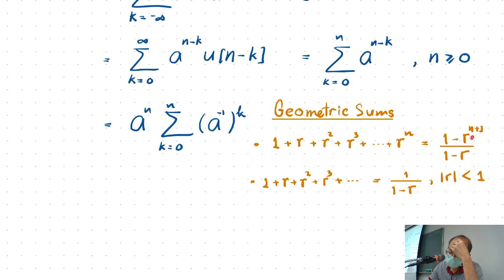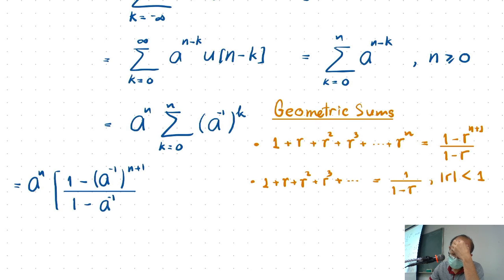So we have to plug in r equal to a inverse on the right hand side of the geometric sum. So from the geometric sum, we have a to the n times 1 minus a inverse to the n plus 1 over 1 minus a inverse.